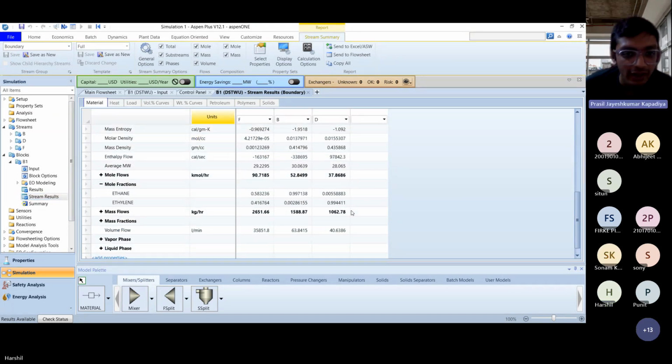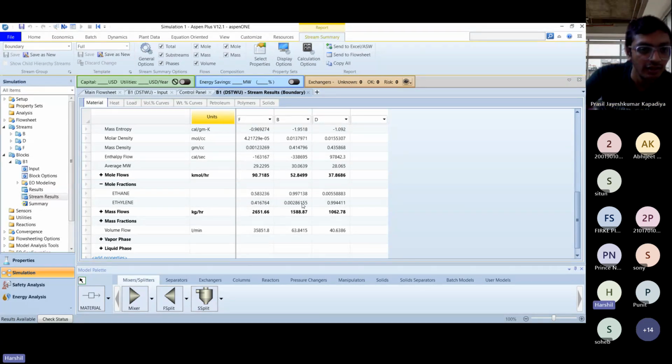Okay, so we can see that in bottom, yeah, it's correct, we have 99.7 mole percent of ethane, and from top we have 99.4 mole percent of ethylene. Wait, let me check. I'm getting 99.6 from mine. Okay, yeah, it's visible for me now.